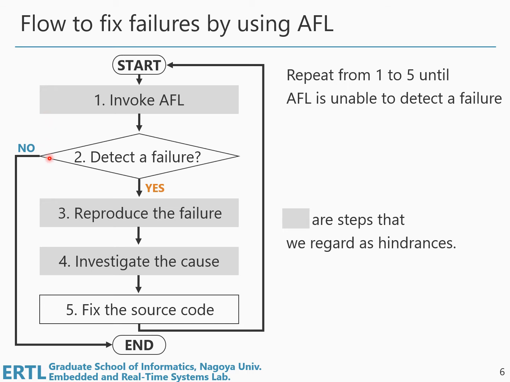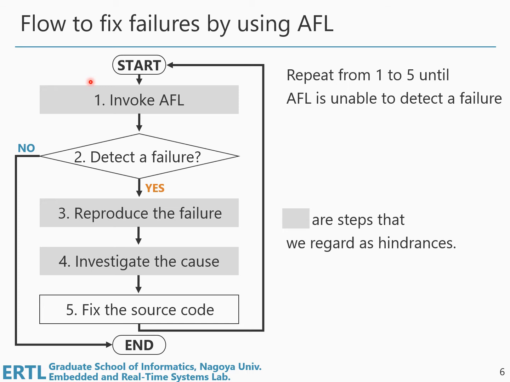If AFL detects some failures, the user reproduces failures and then investigates the cause of them. If the user can identify the cause, the user fixes the source code and then starts fuzzing again. The user repeats this process until AFL is unable to detect a failure.